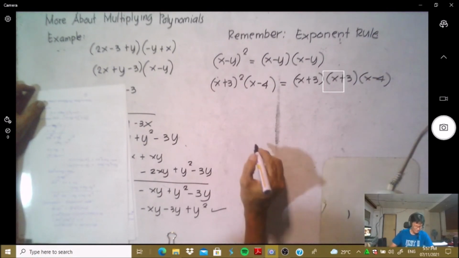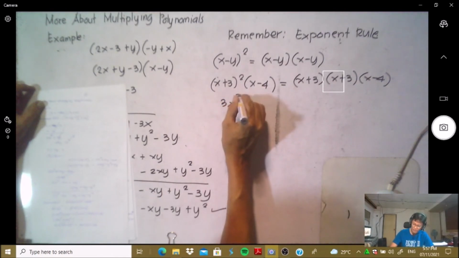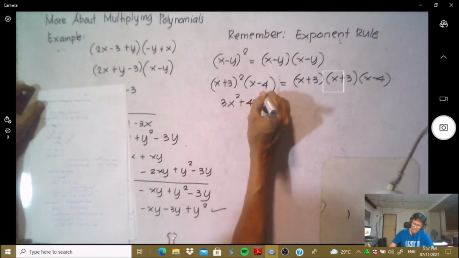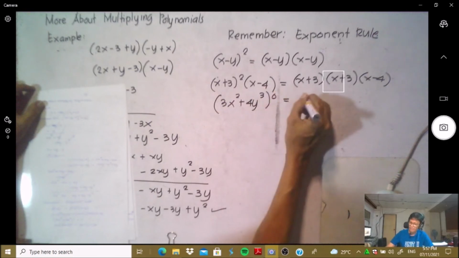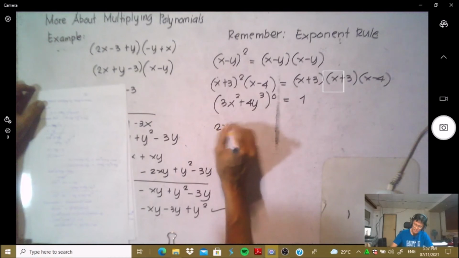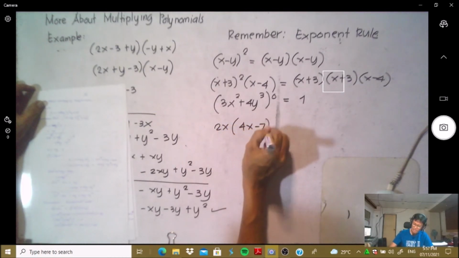And we have 3x squared plus 4y cubed raised to 0, which is simply equal to 1. Any number raised to 0 is equal to 1. And we have 2x and 4x minus 7 raised to 0.